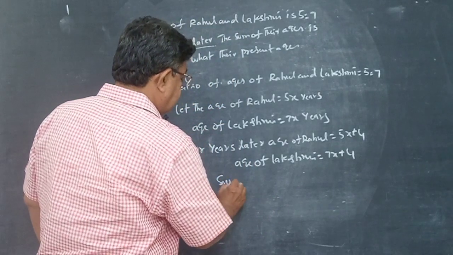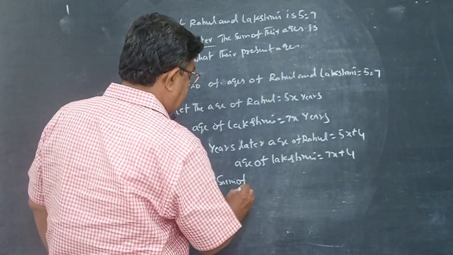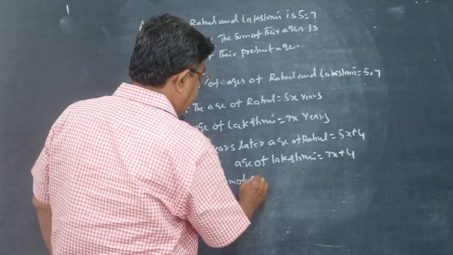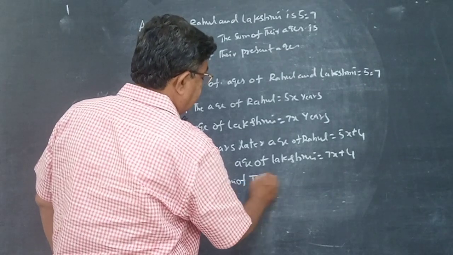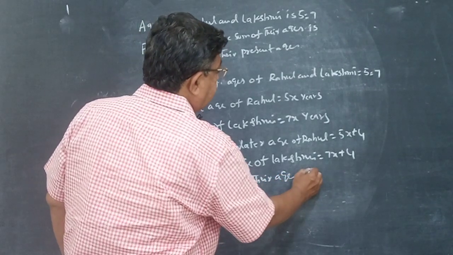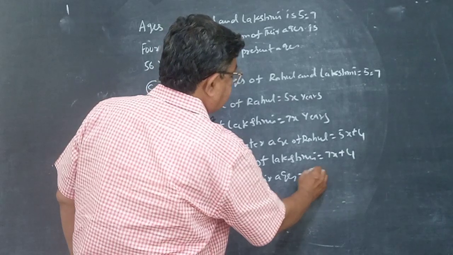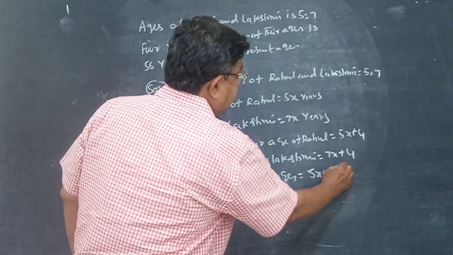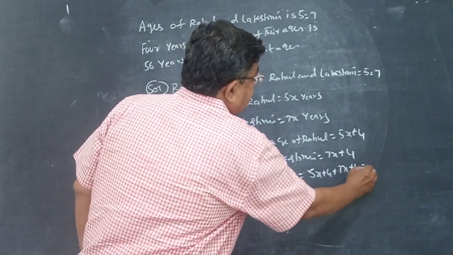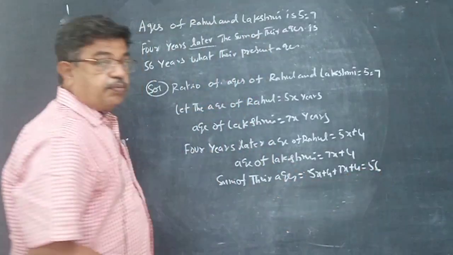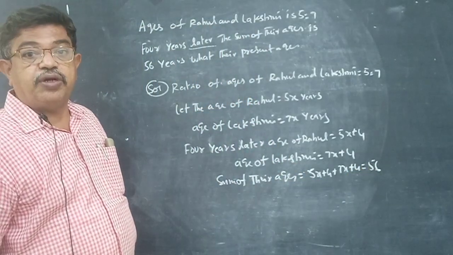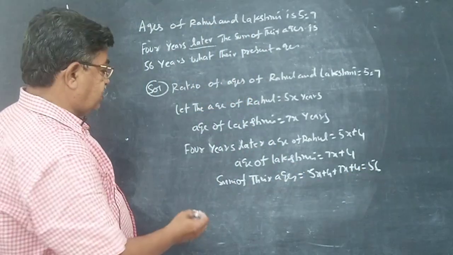After 4 years, their ages are added. Sum of their ages is 5x plus 4 plus 7x plus 4, which is given to be 56 years.